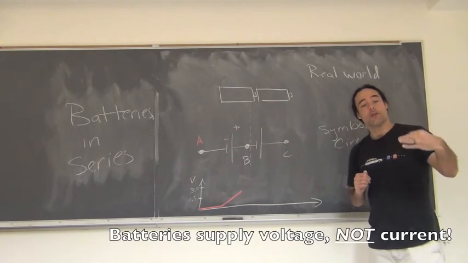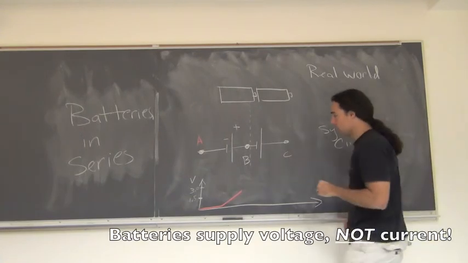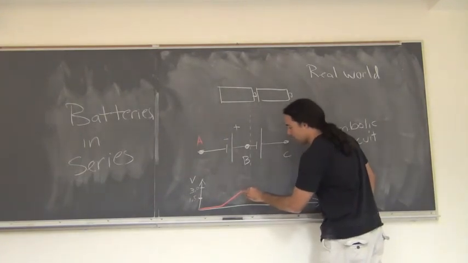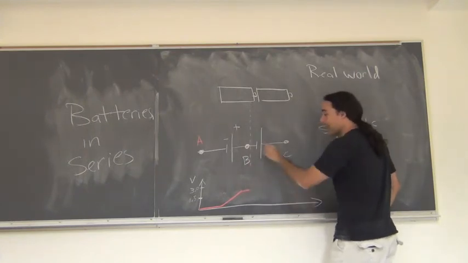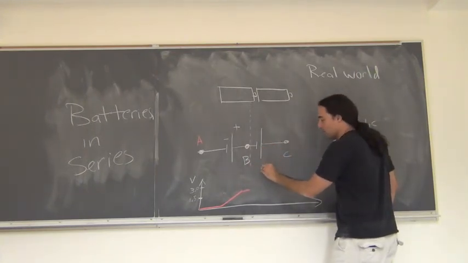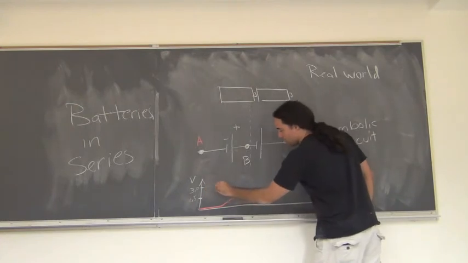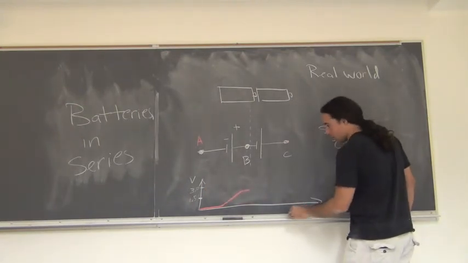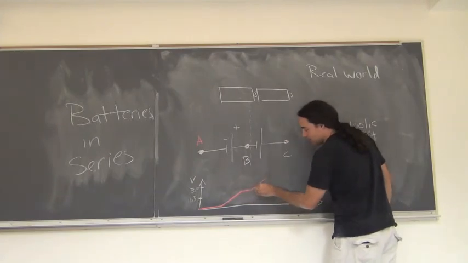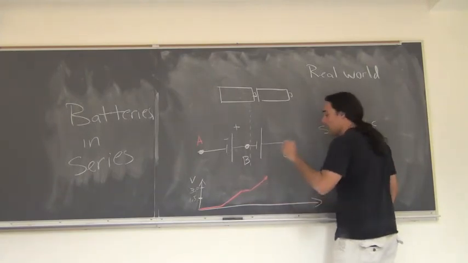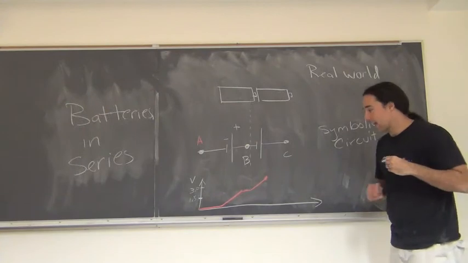Important point, battery supplies voltage, not current. All right, so my voltage stays pretty constant there after the battery, but now I have the second battery, and my voltage is going to go up again. Again, it goes up by 1.5 volts.